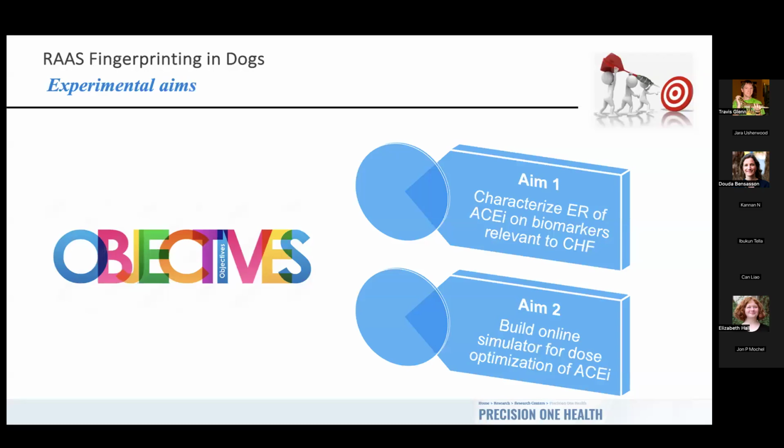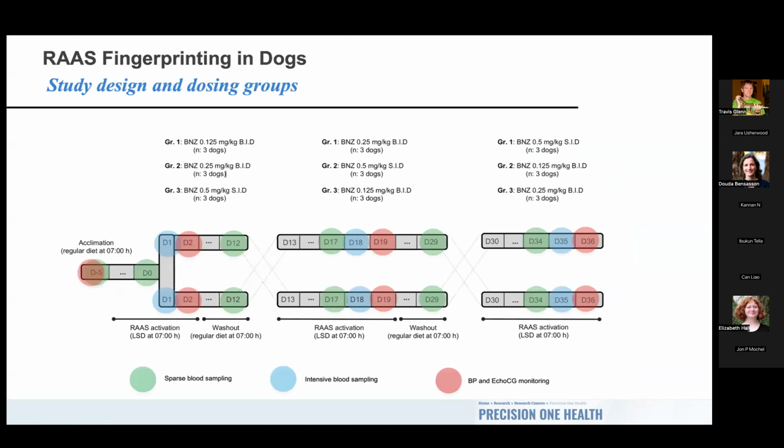So what we wanted to do with that study is, one, characterize the exposure response relationship of ACE inhibitors on biomarkers which we know are relevant to congestive heart failure in dogs, which are Ang2, Ang17, and Ang19 particularly, and then build a simulator that would help us optimize the dose of these drugs using different what-if scenarios. I won't spend too much time on this slide, which is pretty crowded already, but just to give you a bit of an overview.